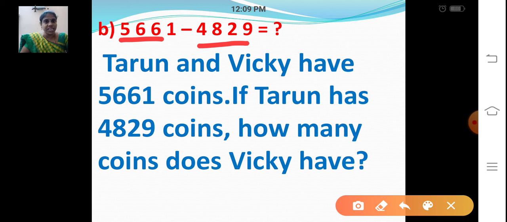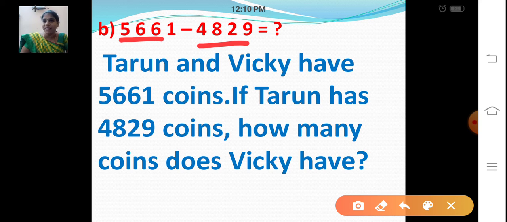So Tarun and Vicky have 5,661 coins. If Tarun has 4,829 coins, how many coins does Vicky have? Now we are going to find out how many coins Vicky has.